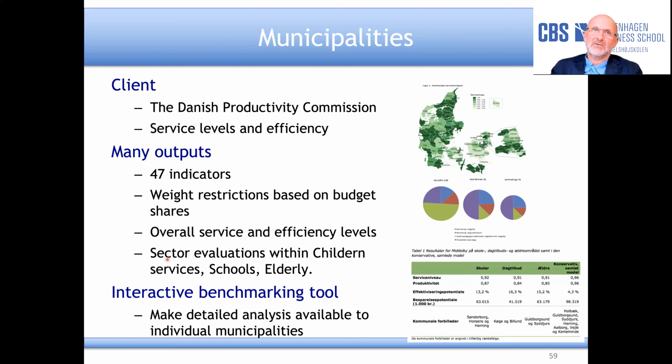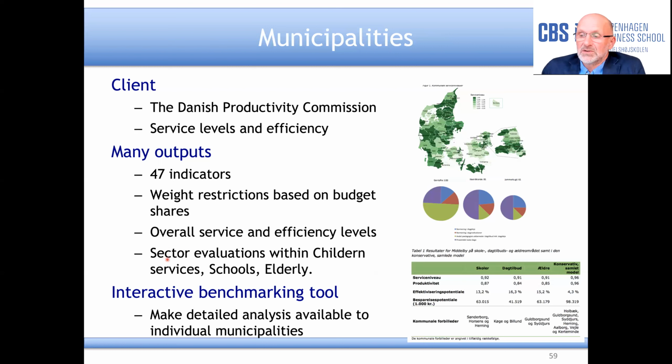So basically what we said was that, okay, if you spend, let's say 30% of your budget on a given activity, then that activity must have some importance to you, and maybe the importance is between 15% and 60%. So you don't know exactly how important it is. It's not reflected directly in the budget, but the budget must have some information about the relative importance of the different services. So using that approach, we imposed some weight restrictions, and that allowed us to evaluate the municipalities in this case.